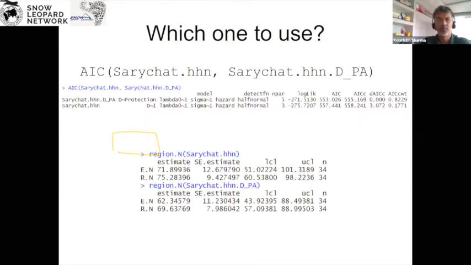Now, the question arises, which one to use? Am I supposed to use the one which is assuming constant density, or am I supposed to use the one which is using density as a function of covariates? In this case, one covariate, which is protection status.